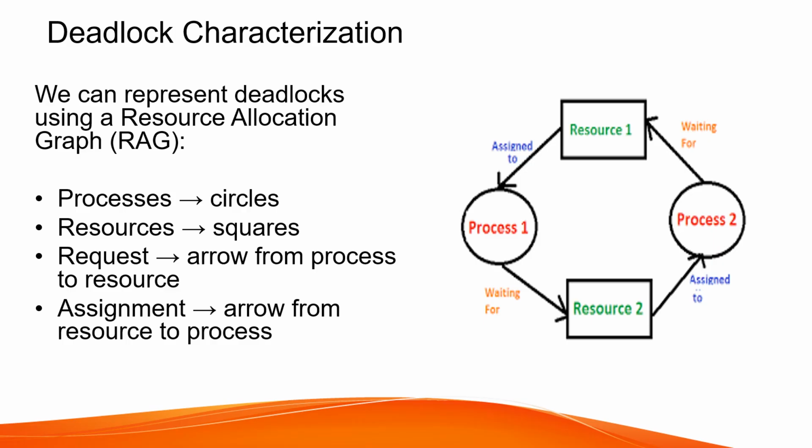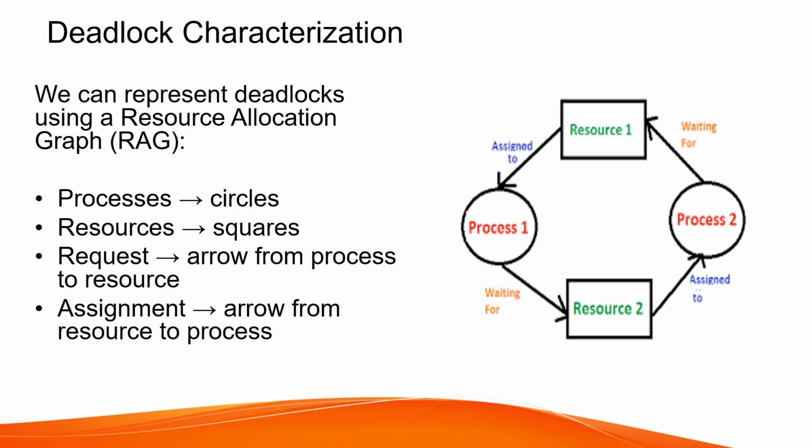If a resource is already assigned to a process, the arrow is from the resource to the process. And if a process is waiting, or if it requests another resource, the arrow is marked from the process to the resource.